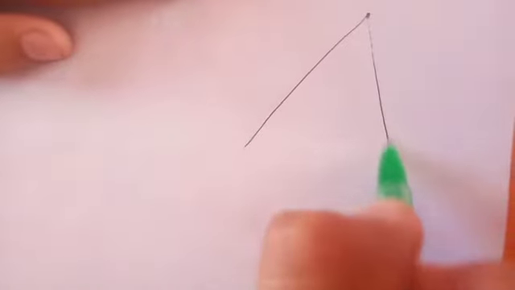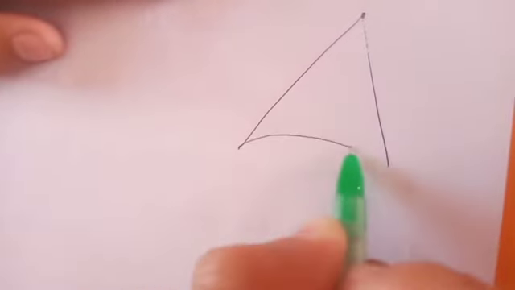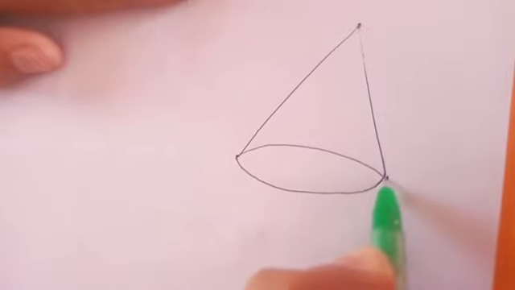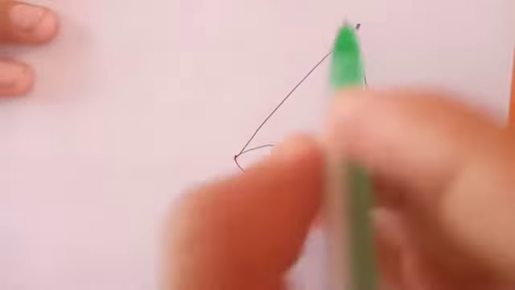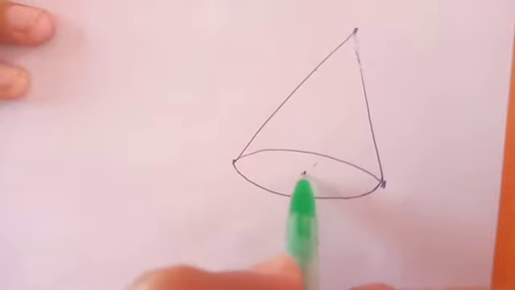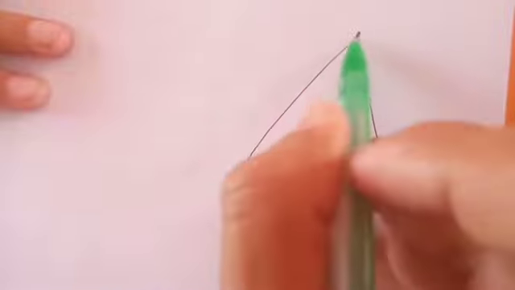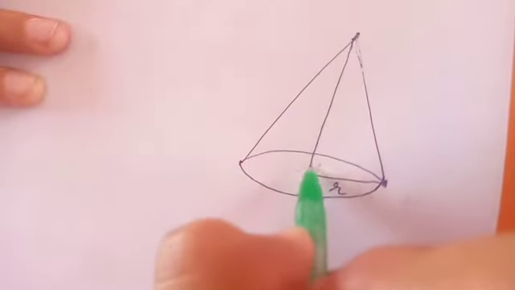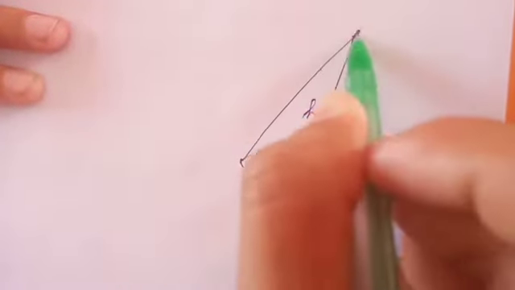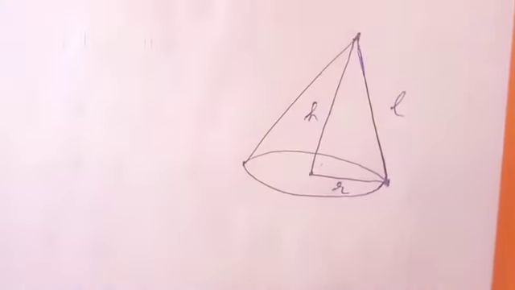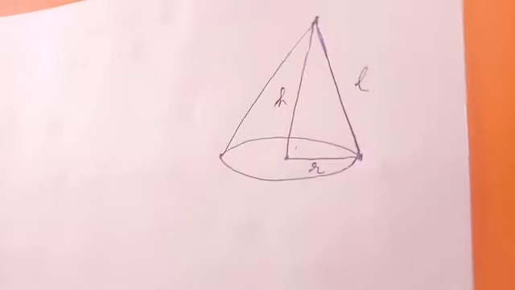So first of all we will draw its figure. It is our cone. Now it is its radius r, this is its height h, and this is its slant height, that is denoted by l.